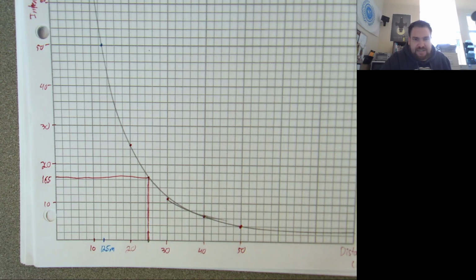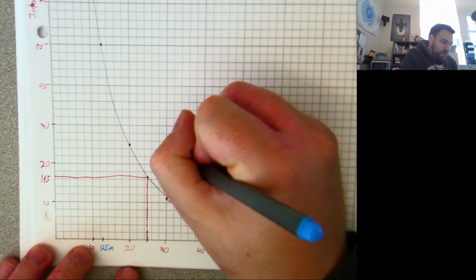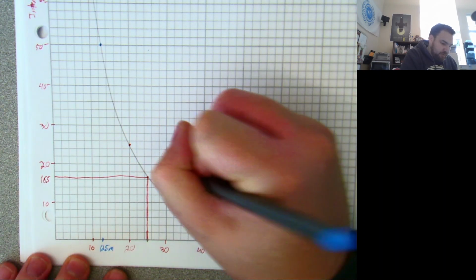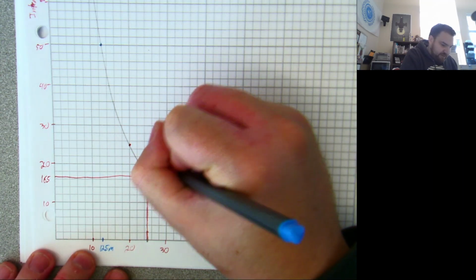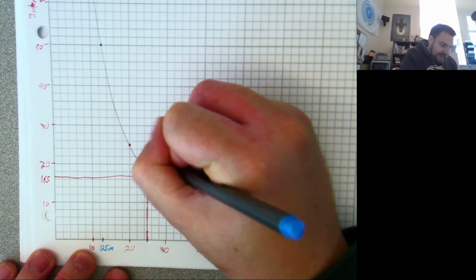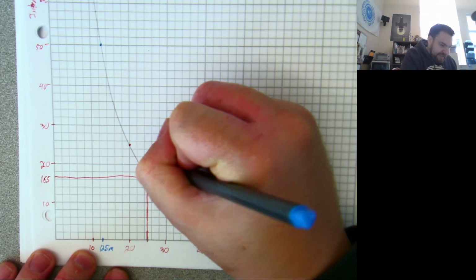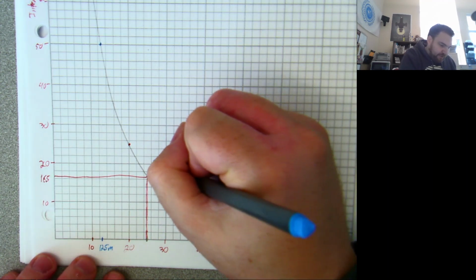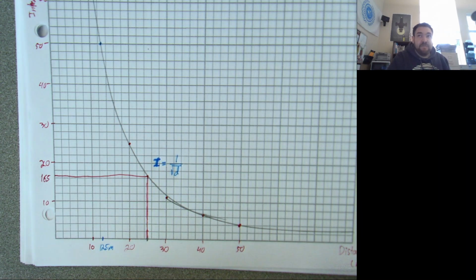Illumination intensity on a surface is inversely proportional to the square of its distance. So this graph is 1 over root. So the intensity I is equal to 1 over the square root of the distance from the light source.